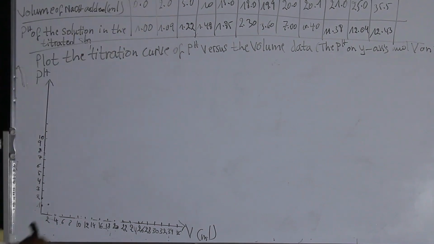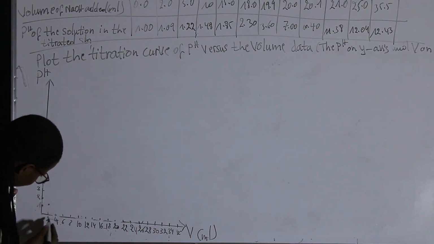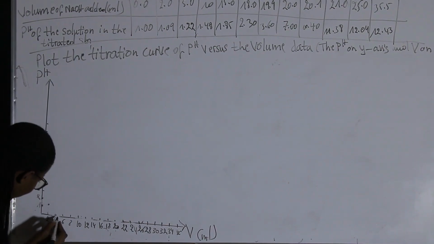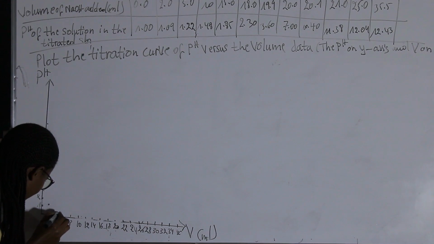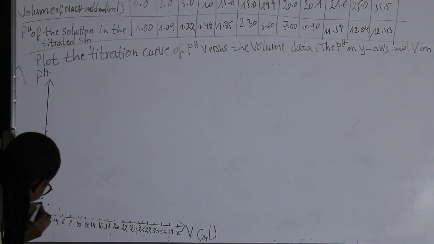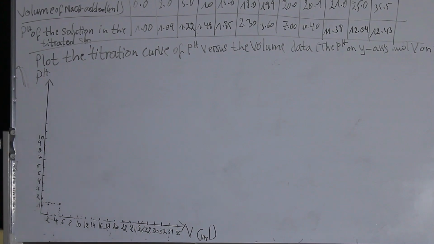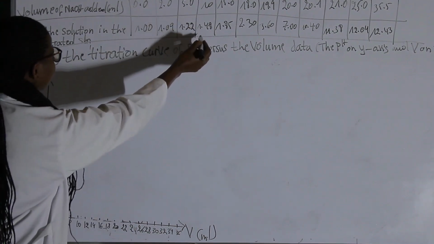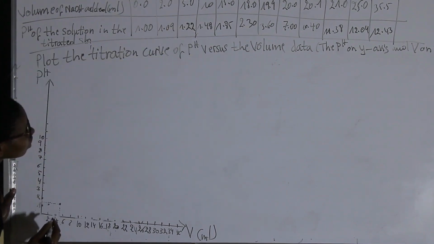Adding 5 milliliters, the pH was 1.22. Adding 10 milliliters, pH was 1.48.